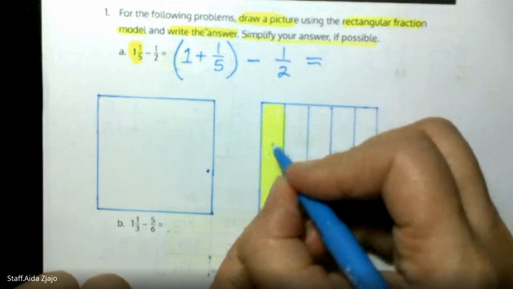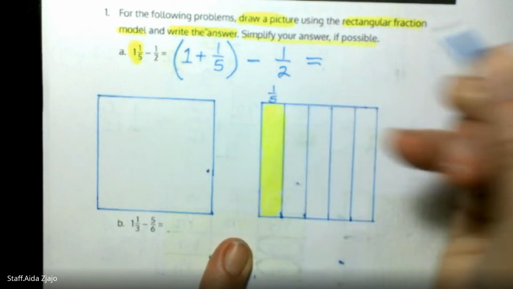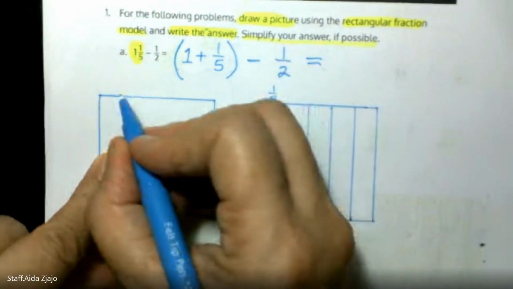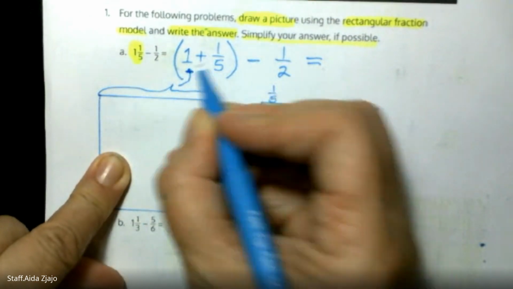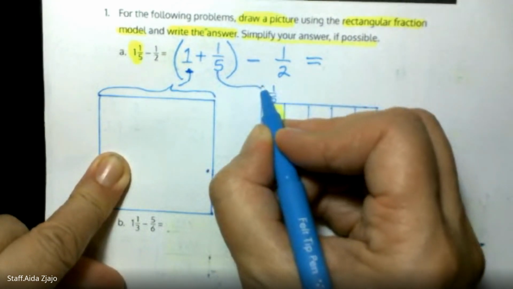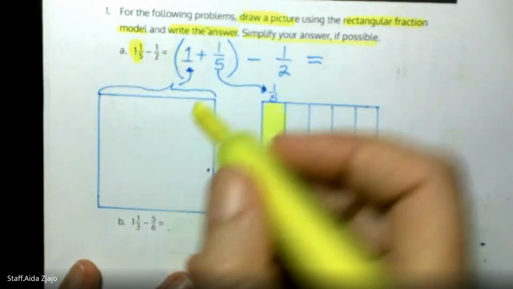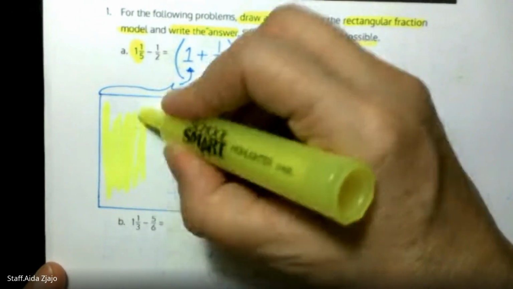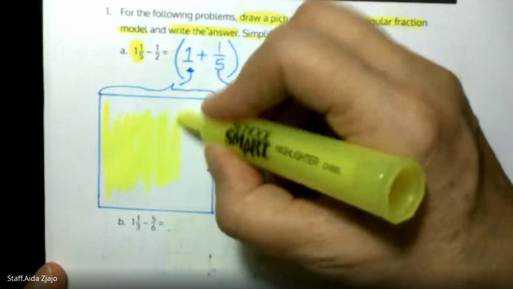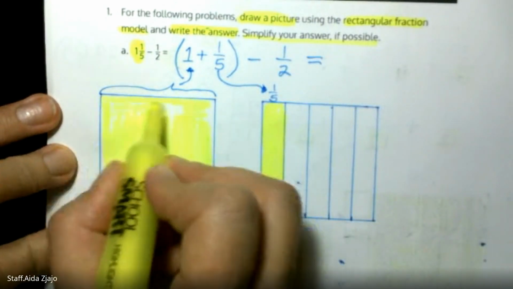Okay, so this represents 1/5, and then this represents a whole. Got that. I'm also going to highlight my whole. I like to highlight what I have. It's chocolate and it's not opened.